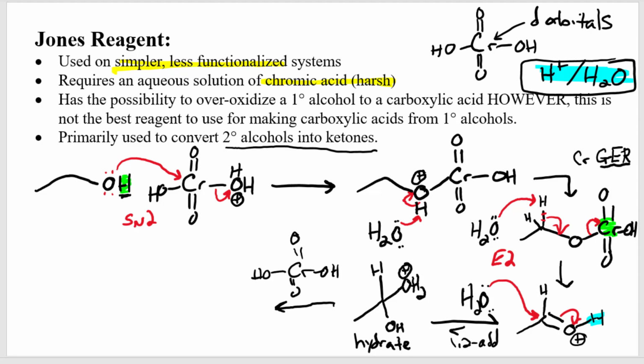So it's the presence of the water and acid that allow this reaction to continue from the aldehyde because it generates a hydrate in situ. So pick an alcohol. I'll just pick this bottom one. It's going to do our SN2. Let's protonate to make it a good leaving group under acidic conditions. And we're doing exactly what we saw before. SN2 again.